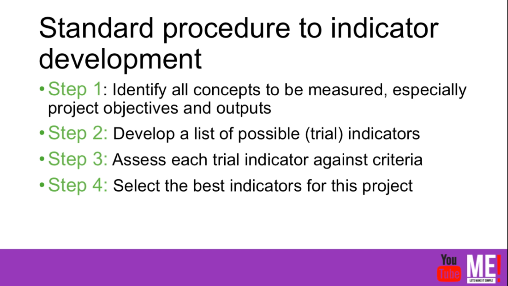Number three, assess each trial indicator against criteria. And finally, select the best indicators for this project. So what this is telling you, at inception of your project, you have perhaps 130, 240 indicators for a project. But it is up to you to find those key indicators which, given your resources, time, and capacity, you are able to measure.